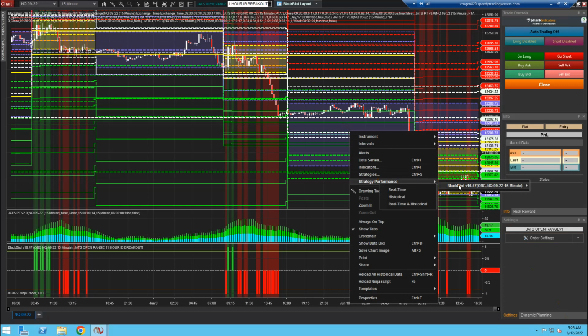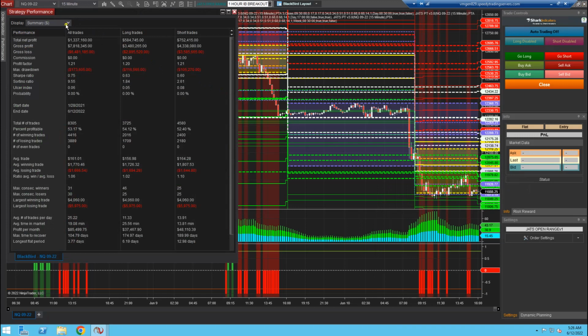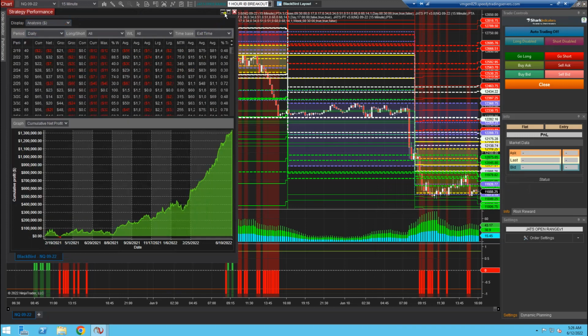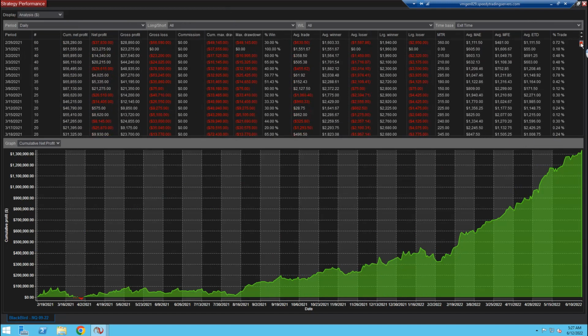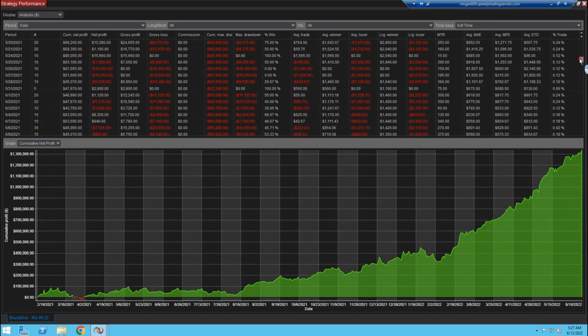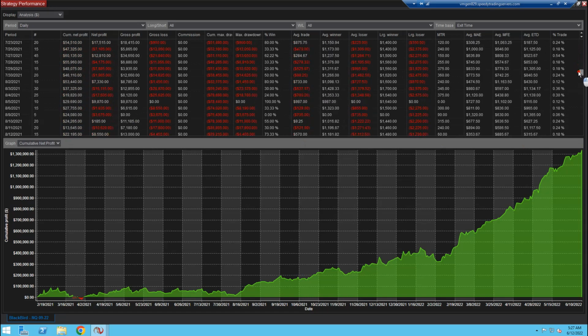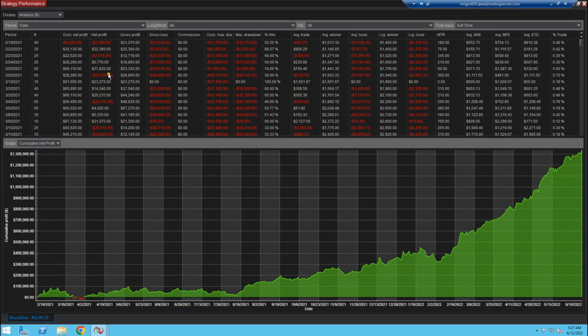Go back to your trade performance and run your analysis and see what you can do to mitigate some of these losses. So, as you can see, there were some big substantial losses along the way. You want to definitely not use this unless you have a micro account that you're trading it in. Absolutely.